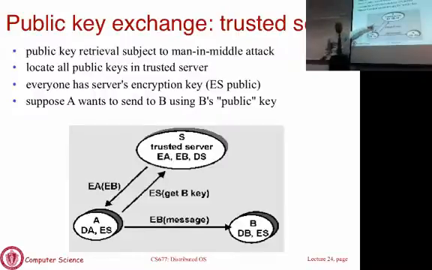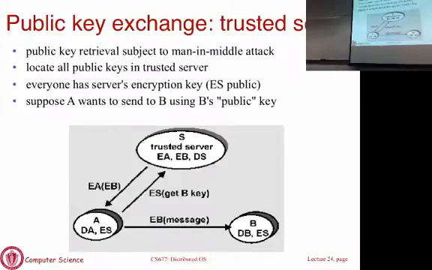Now the trusted server decrypts it, and then puts Bob's public key, encrypted with Alice's public key. The trusted server has a database of all public keys, and you send that back. So now you have gone to a trusted server and securely retrieved someone's public key.